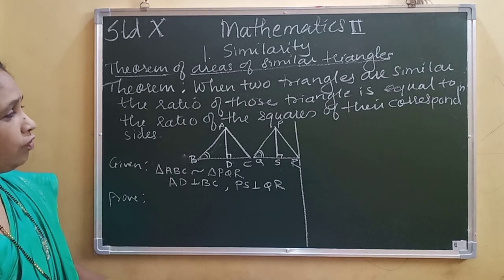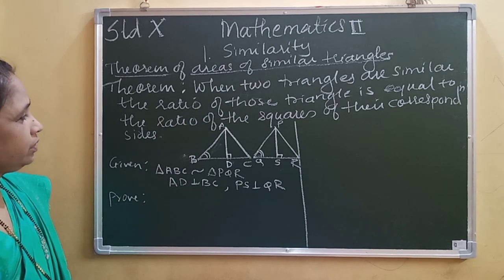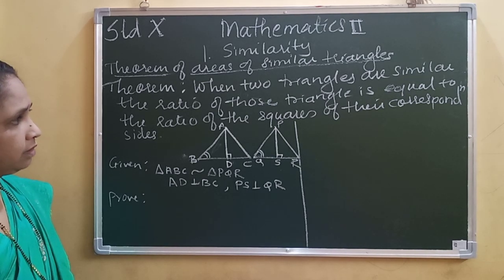To prove: the ratio of the areas of those triangles is equal to the ratio of the squares of their corresponding sides.